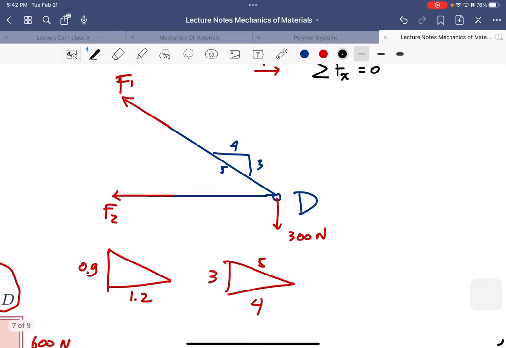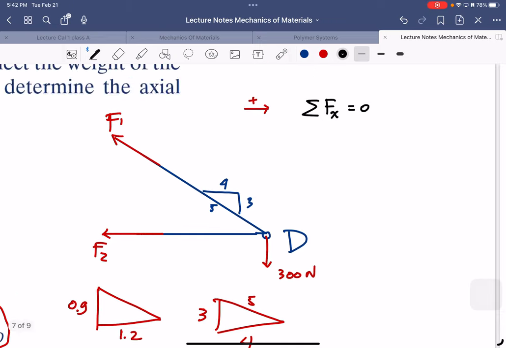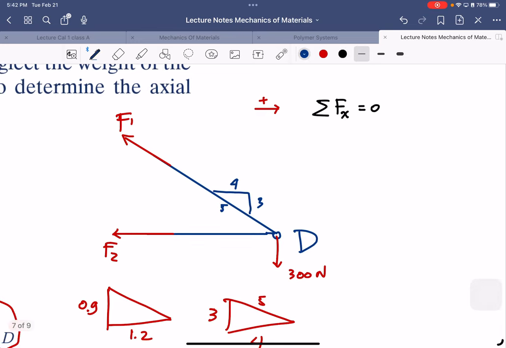So if we see from here, there is F2, and F1 is going to become 2 components. So if this is theta, this is F1 sine theta, this is F1 cosine theta. So we are just going to the x-axis, so only F2 and F1 cosine theta.